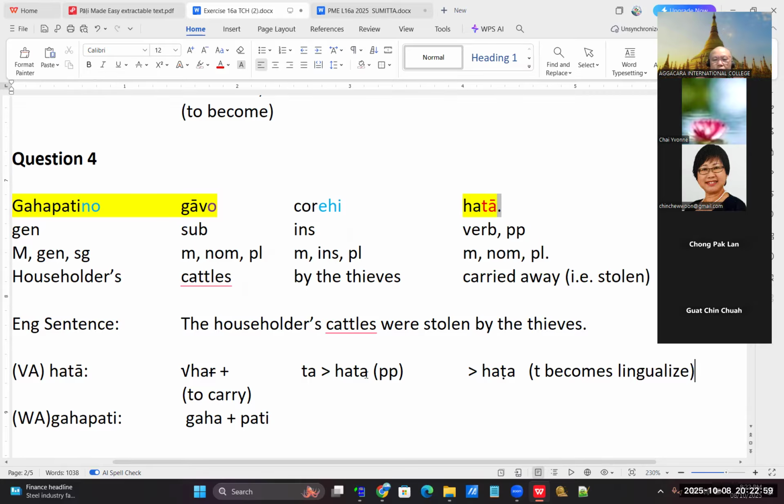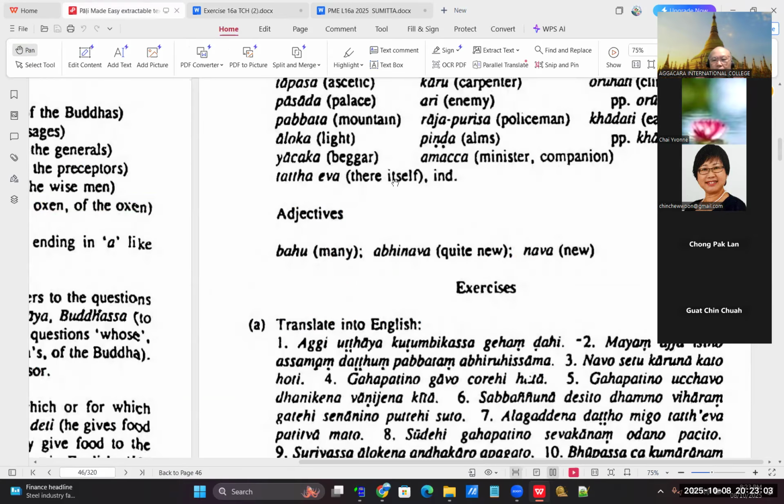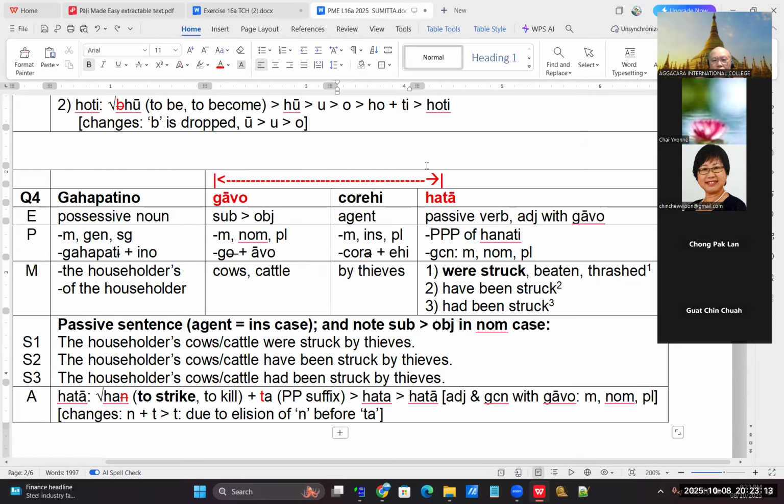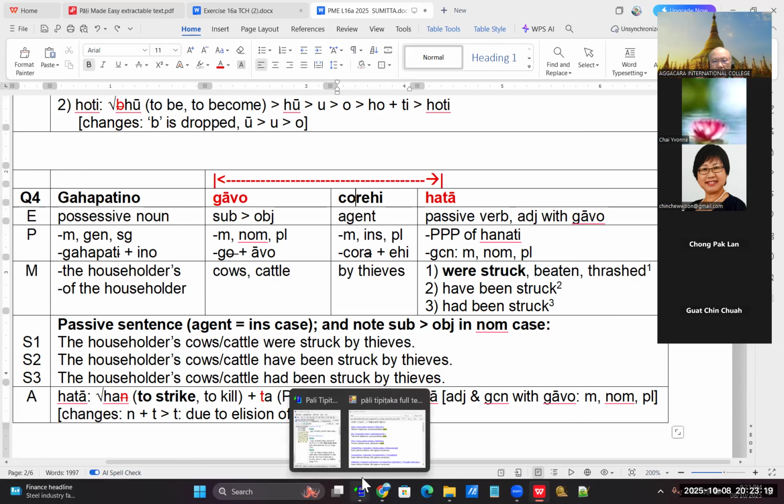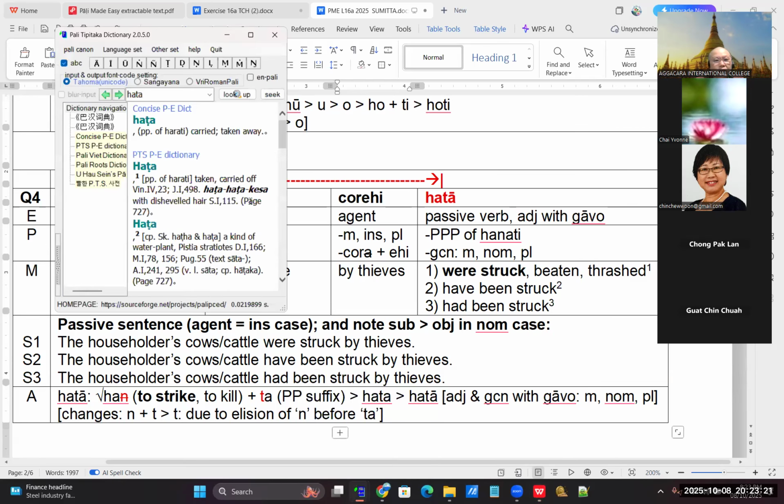So that's what I checked just now. In the Pali Made Easy, there's no T with the dot below, in lesson number 4. So the answer should be hata. Hata means kill, struck, hata.